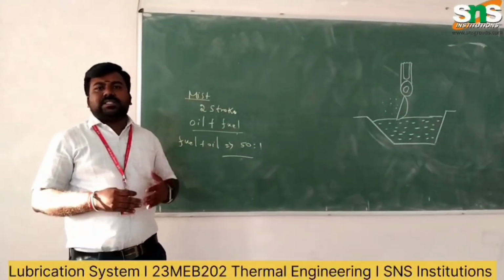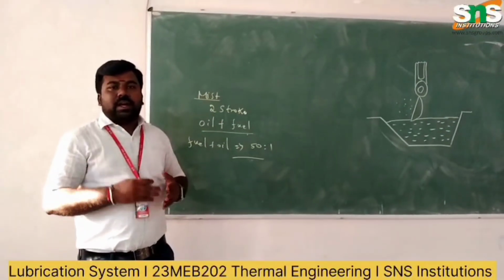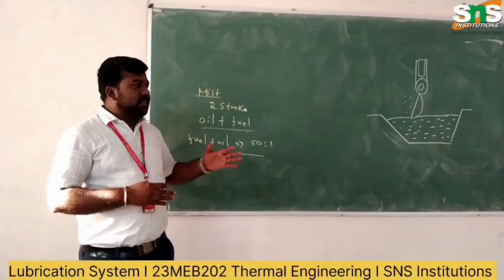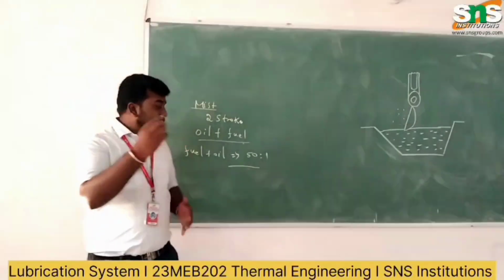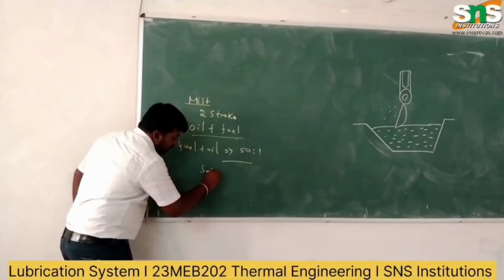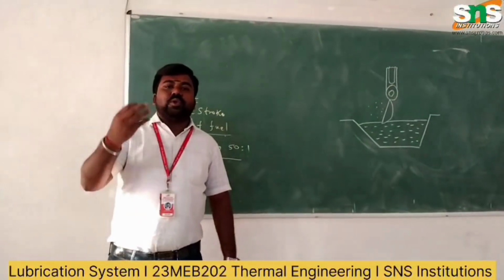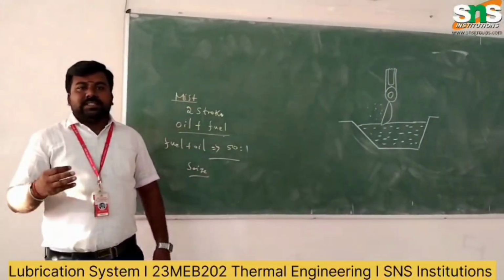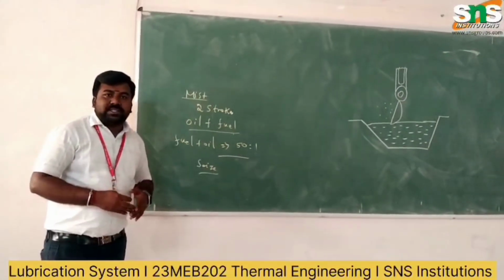It has some disadvantages: it is not suitable for heavy duty vehicles, and if the oil level is very low, it causes seizure of the engine. If the oil level is very high, it produces excessive smoke in the exhaust. So this is about the mist or petrol lubrication system.